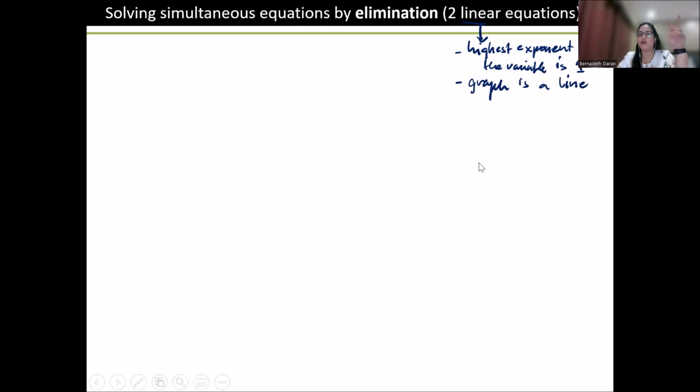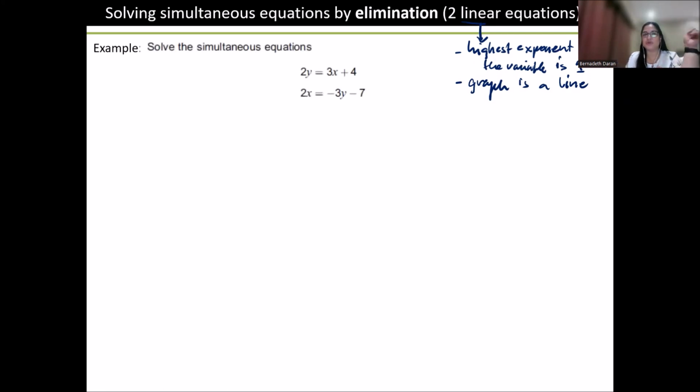So now we are going to have two linear equations. For example, we are going to solve these simultaneous equations: 2y is equal to 3x plus 4 and 2x is equal to negative 3y minus 7. Okay, so if you will notice, we have the same variables.